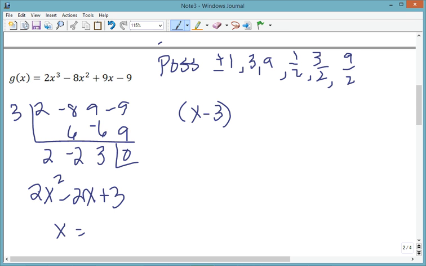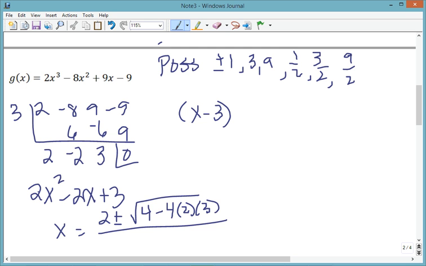So we would have negative b plus or minus the square root of b squared minus 4 times a times c, over 2a.